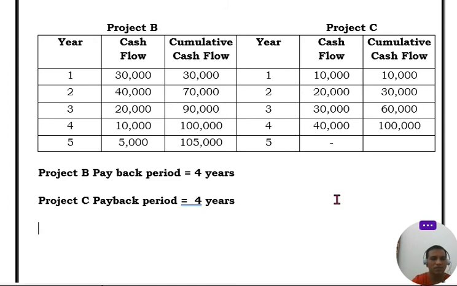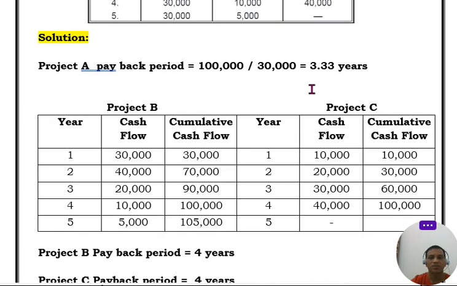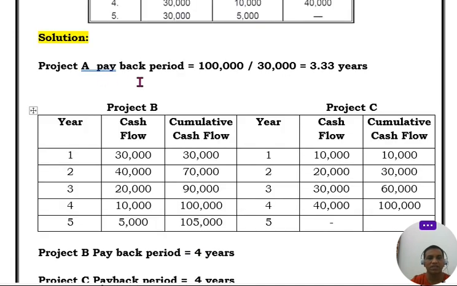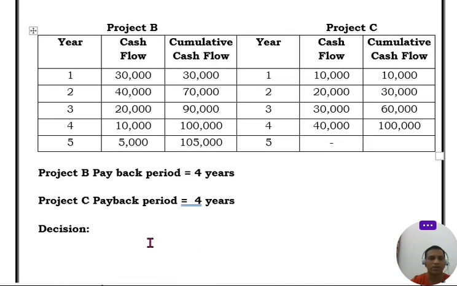Decision: since all three projects' payback period is less than the standard payback period, all three should be accepted. But still, if you want to choose which is the best one, it means project A, because project B and C take 4 years, only project A recovers your amount in 3.33 years.